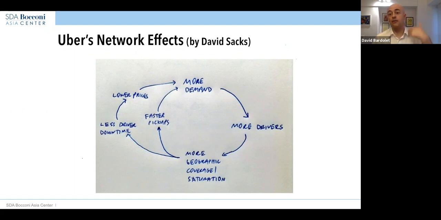Reducing the prices has the effect of more demand. So what you're creating with this platform is kind of an effect where the more drivers there are, the more customers are drawn in. And the more customers are drawn in, the more drivers are drawn in. And so on and so forth until the platform starts getting really, really big. That's a network effect at play.